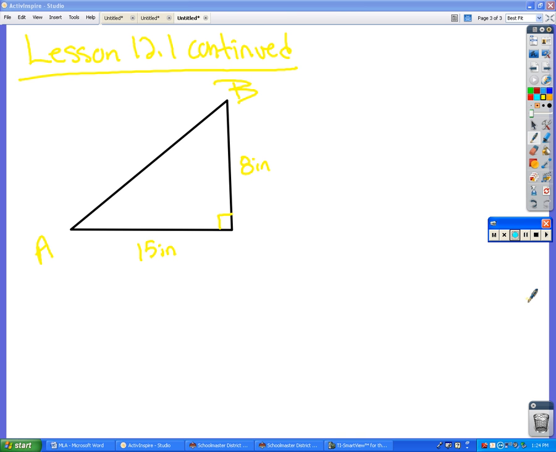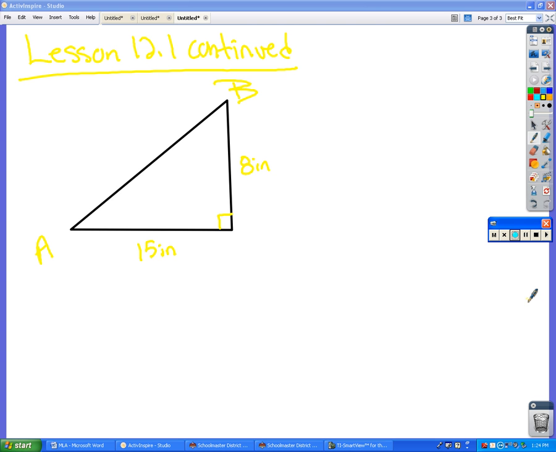So not only can you use sine, cosine, and tangent to find the lengths of missing sides of a triangle, but you can also work backwards and use sine, cosine, or tangent to figure out what the missing angle is in a triangle instead.